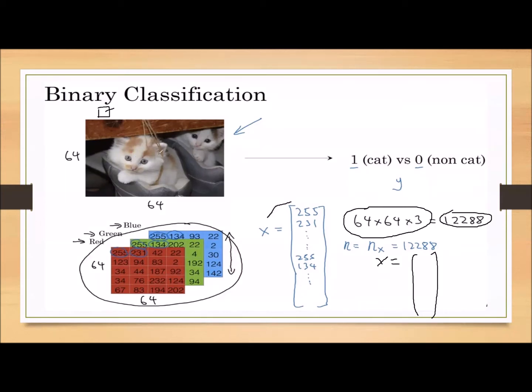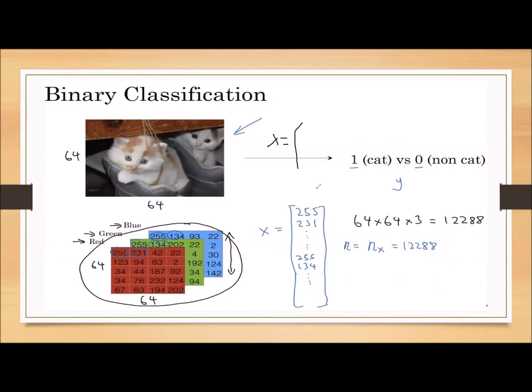So when I am giving this input X, we are really giving the learning algorithm 12,288 values. Each and every value must be between 0 and 255. So we have considered the X matrix.